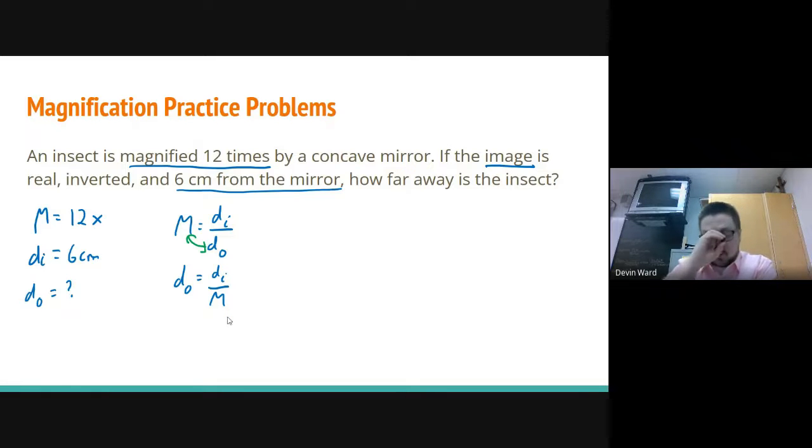So to find DO, just know that you'll just flip those two. So distance of our object is equal to the distance of the image all over the magnification. DO equals 6 divided by 12, which is 0.5, and our units are centimeters.